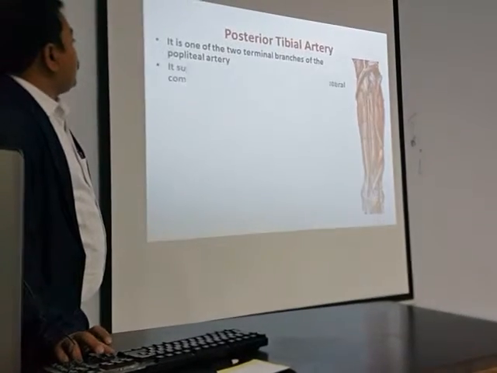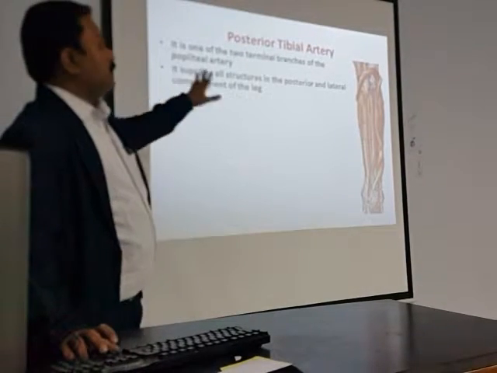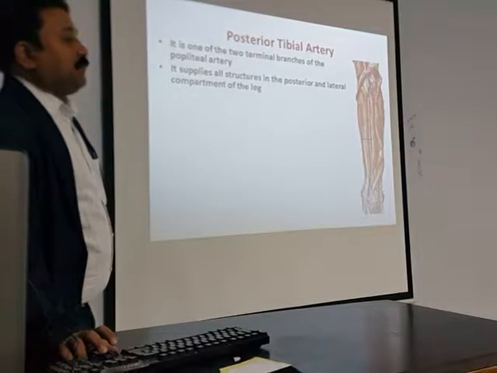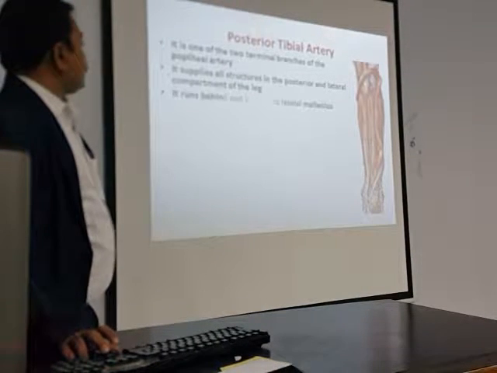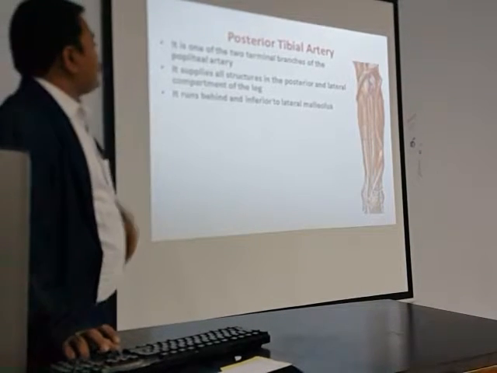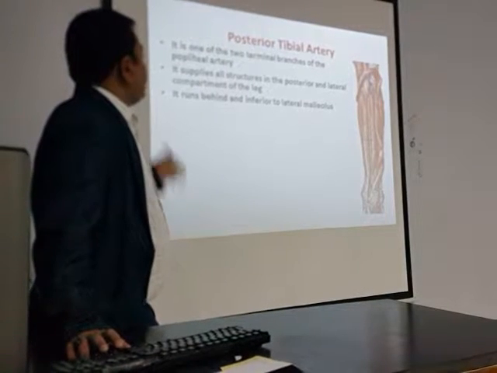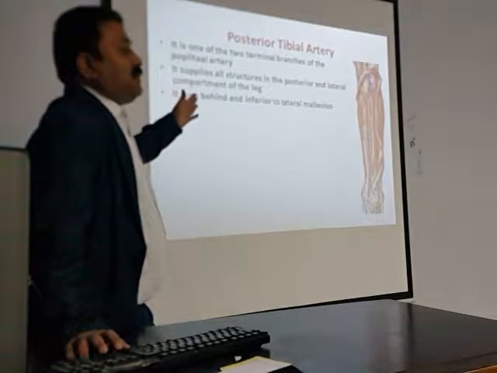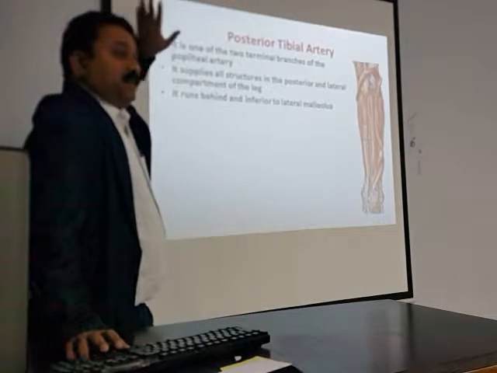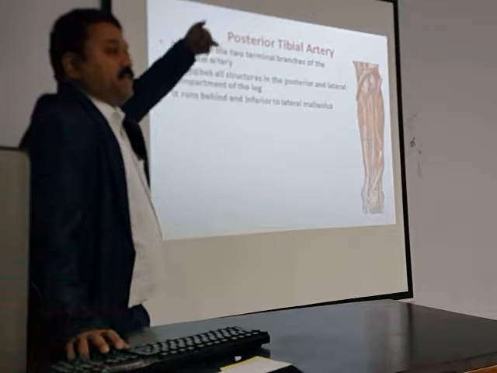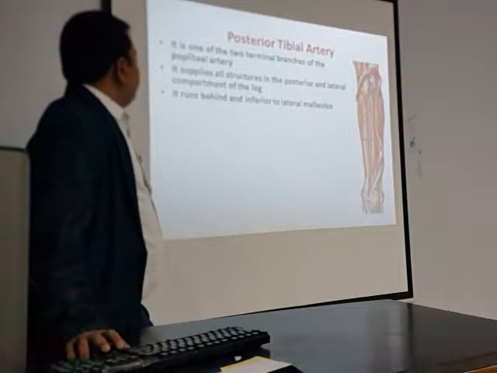And the posterior tibial artery is one of the 2 terminal branches of the popliteal artery, isn't it? It supplies all the structures in the posterior and the lateral compartment of the leg. Similarly, in the upper limb, we have the radial and the ulnar, isn't it?